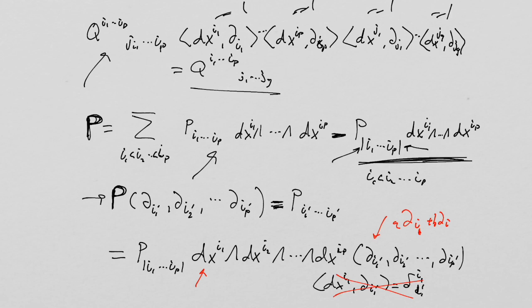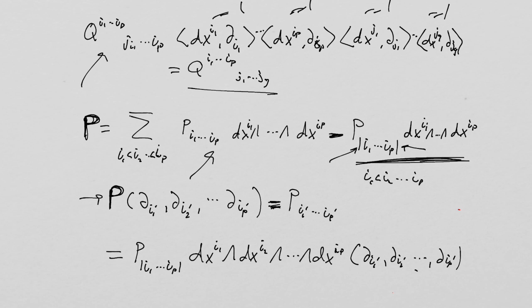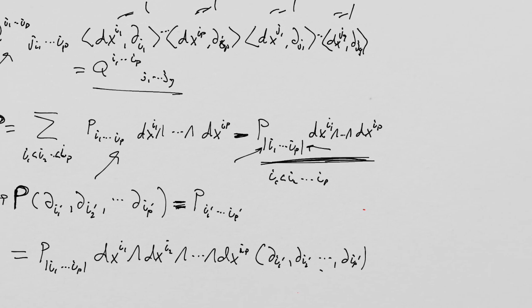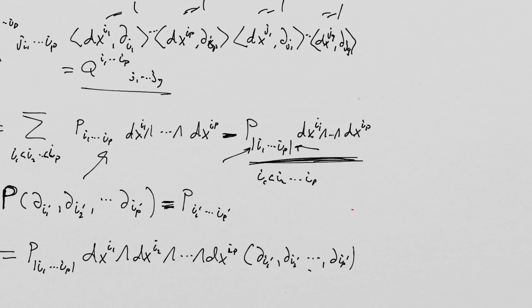Actually, each of these primed partials, partial i prime, is going to equal a partial 0 plus b partial 1 and so on, where these are the unprimed indices. We can't use the delta rule anymore, but it doesn't matter because we know how this calculation works, and that's all we need.